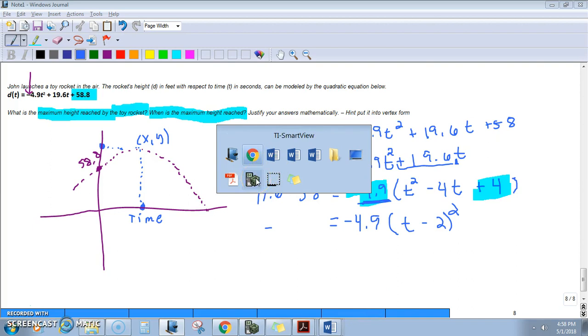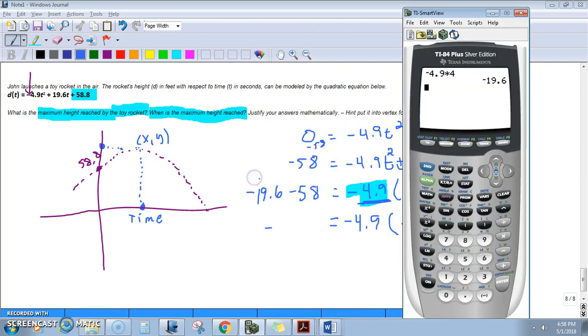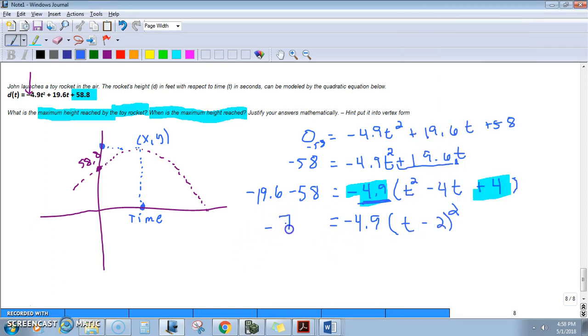So let's see, 19.6 and 58, negative 0.6 plus 58, and I know it's going to be negative, so negative 77.6. Okay? And look, that's my vertex form. I don't even have to worry about solving these ugly numbers.